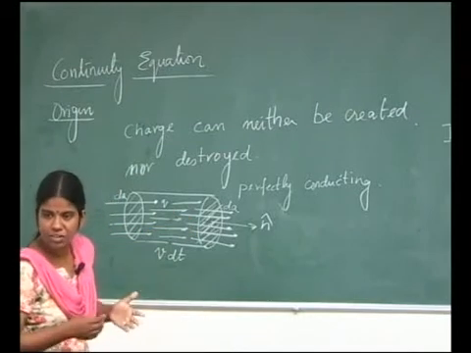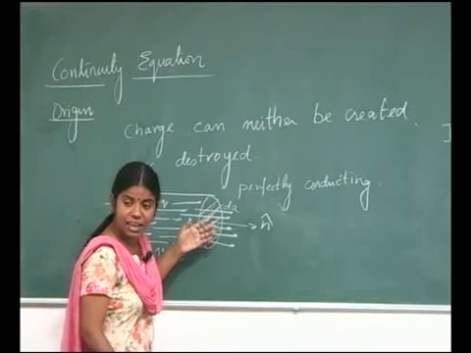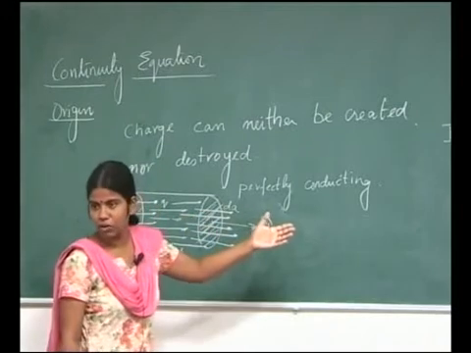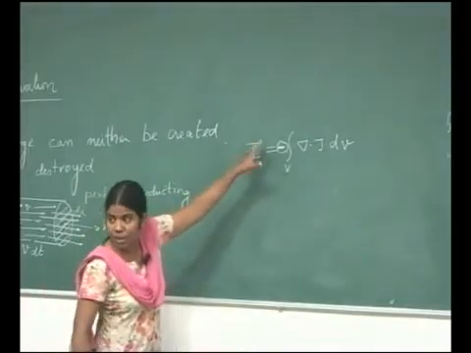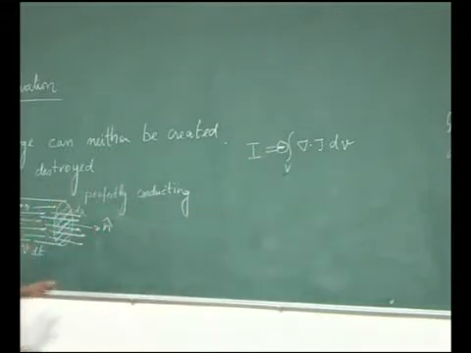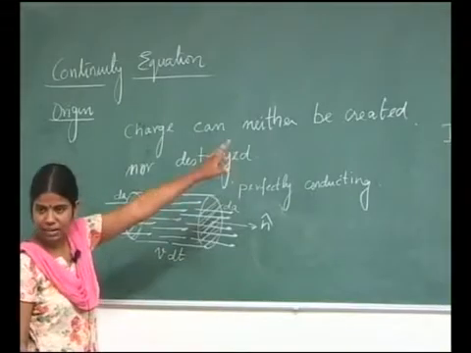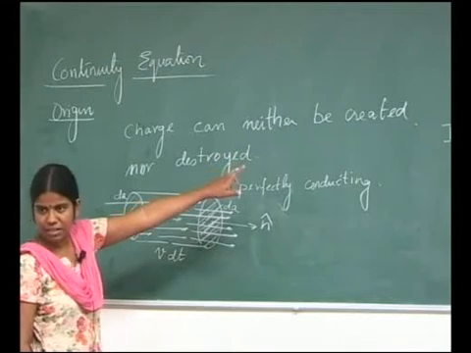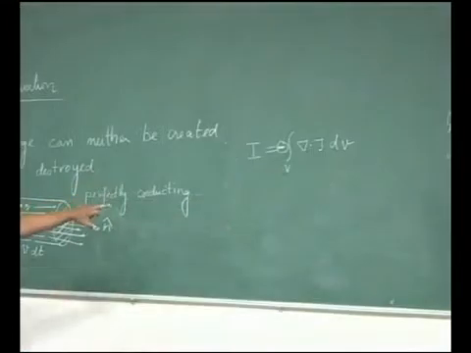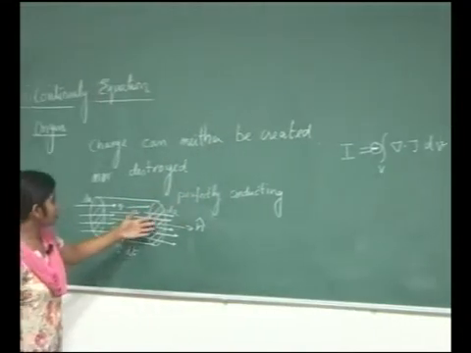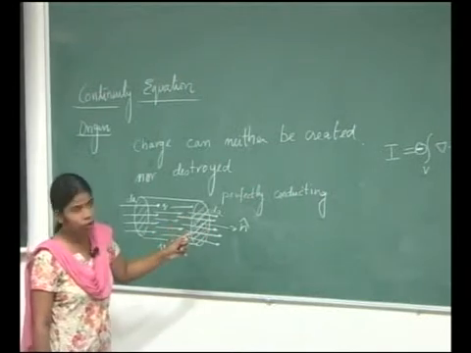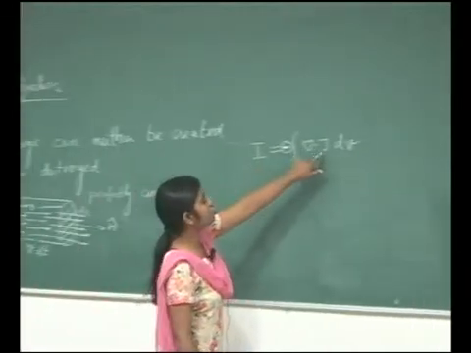But when I am considering a system, I am interested in the current that is coming out of a particular volume. That is why the negative sign. Initially we calculated the current entering this surface, but here we are interested in the current coming out of this surface area S enclosed by volume V. So, that is why it is minus del dot J dV.